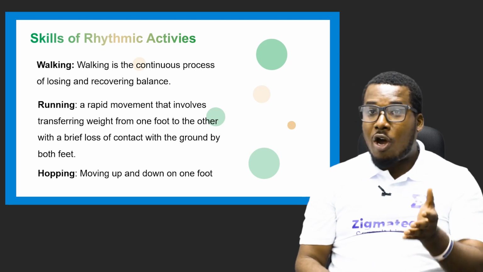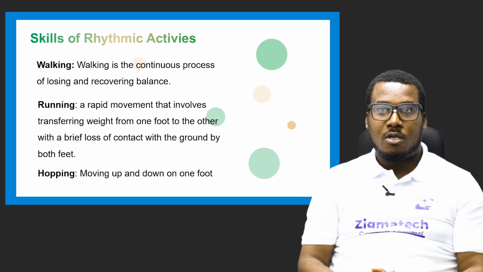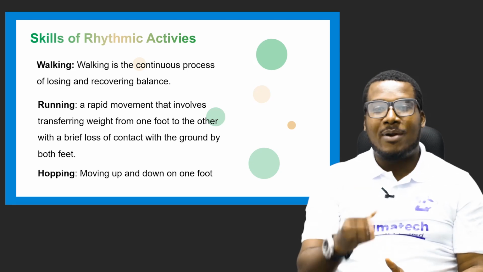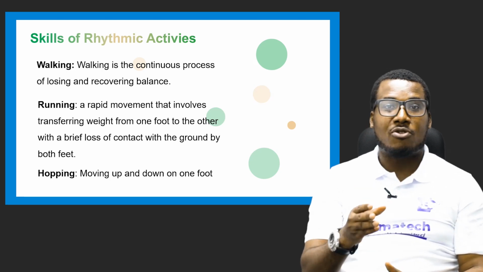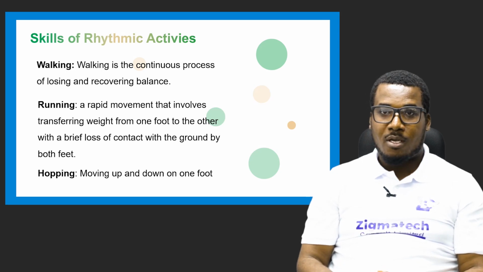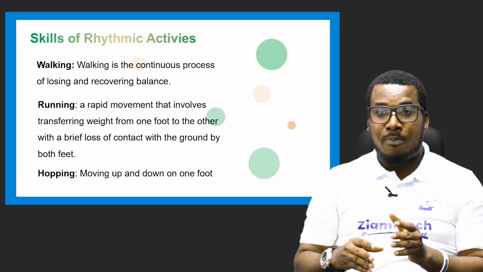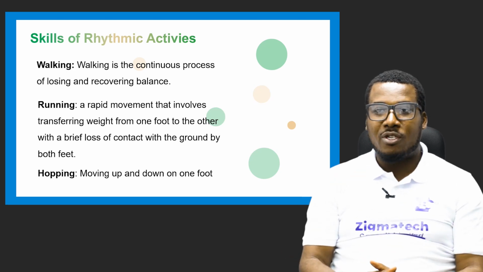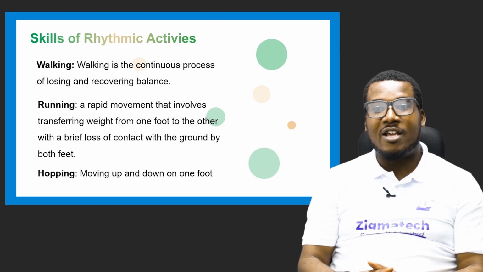For example, you don't expect Usain Bolt to start running like Haile Gebrselassie, who is one of the best distance runners of all time. You don't expect Usain Bolt to run a long distance at that fast pace he usually uses. We all know Usain Bolt is a household name. He's the fastest runner in the world of all time.